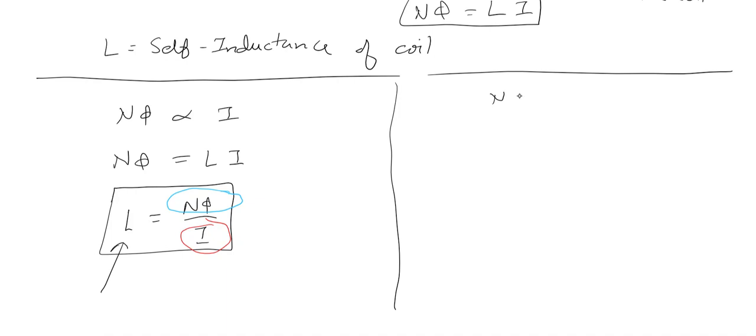If I take n phi is equal to L i, and if I differentiate both sides, I get d phi by dt is equal to L di by dt.